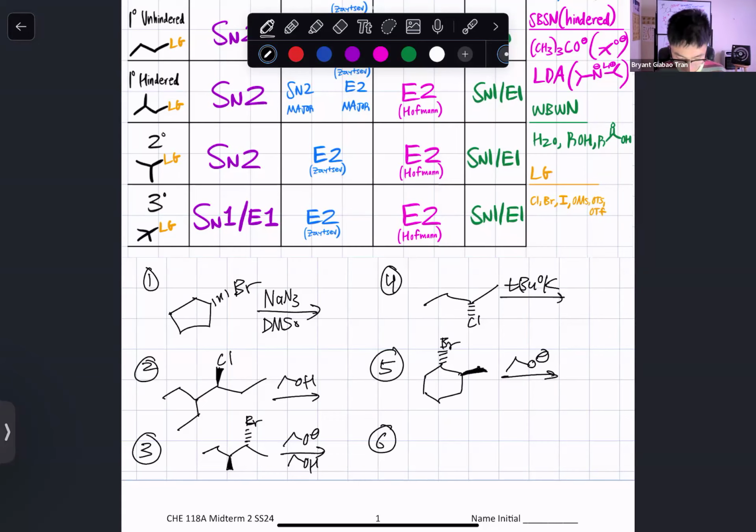Okay, last one. Okay, yeah, Fischer projection as well. Yeah, let's do that. So let's actually make this last one about the Fischer projection.